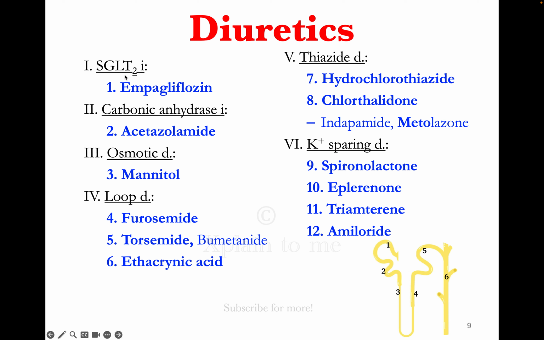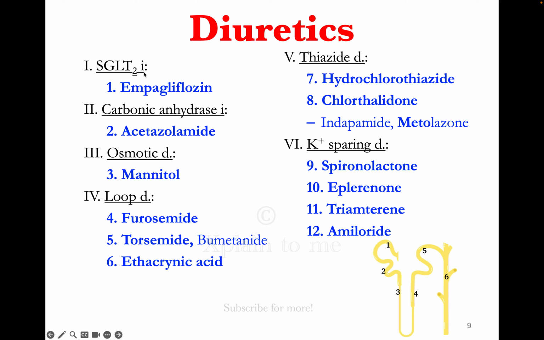So first class, SGLT2 inhibitor or sodium glucose transporter inhibitor. The site of action is at the proximal convoluted tubule S1 segment. For the first 3 classes, I want you to remember the site of action as proximal convoluted tubule, mainly.